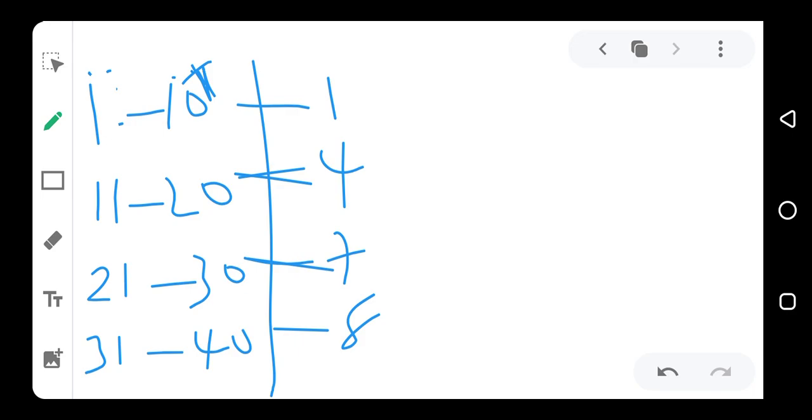Of course, you know the first one is always the frequency of it because there's nothing coming before it, which is 1. Then the second one is 1 and 4, which is 5. Then the third one, you add 1 plus 4 plus 7. And the last one, 1 plus 4 plus 7 plus 8. Then you get the cumulative frequencies.